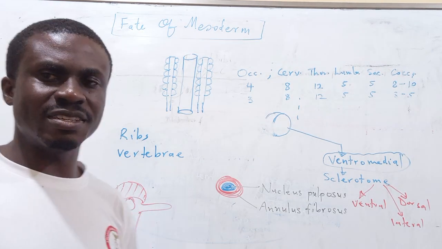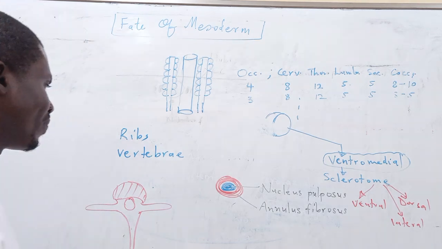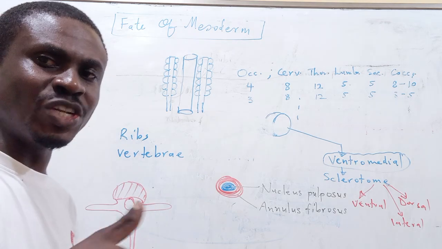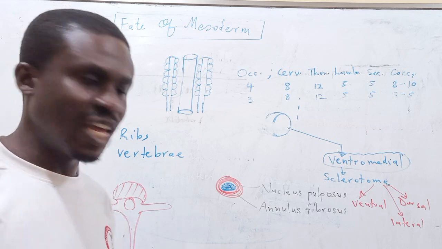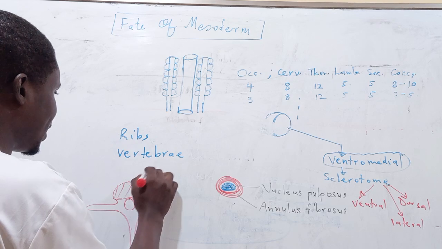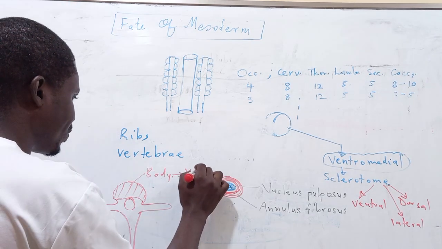You see that there are some processes. I'm interested in just a few of the processes over here. Now, this is the body of the vertebra. The body of the vertebra is in front, anterior. That's why it will be formed by what we call the ventral sclerotome. So the body will be formed by ventral sclerotome.